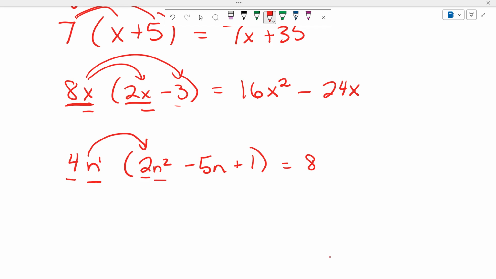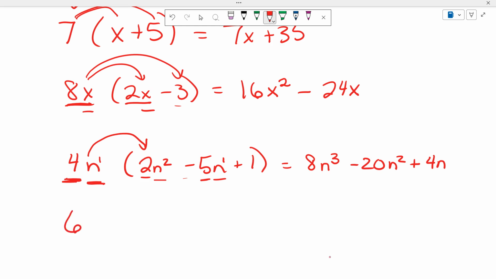We add 1 plus 2, and we get n to the 3 power. Then we go 4 times negative 5 is negative 20. N to the 1, n to the 1, 1 plus 1 is n to the 2. When you multiply the coefficients, multiply the numbers in front, add the exponents. And then 4n times 1 is 4n.